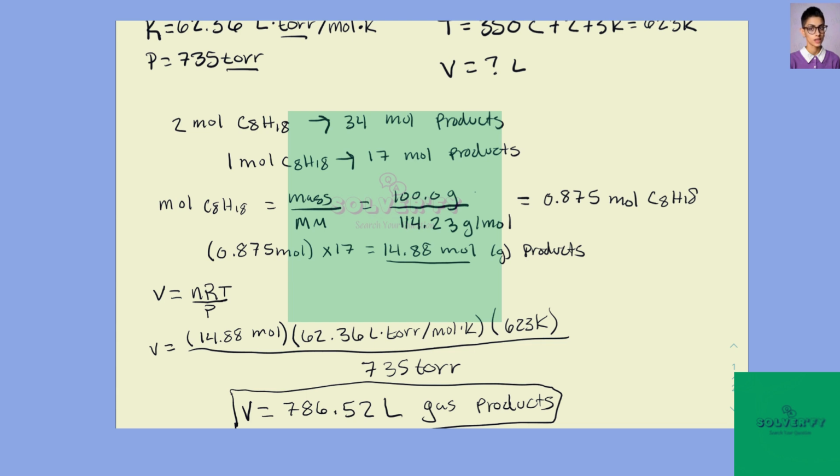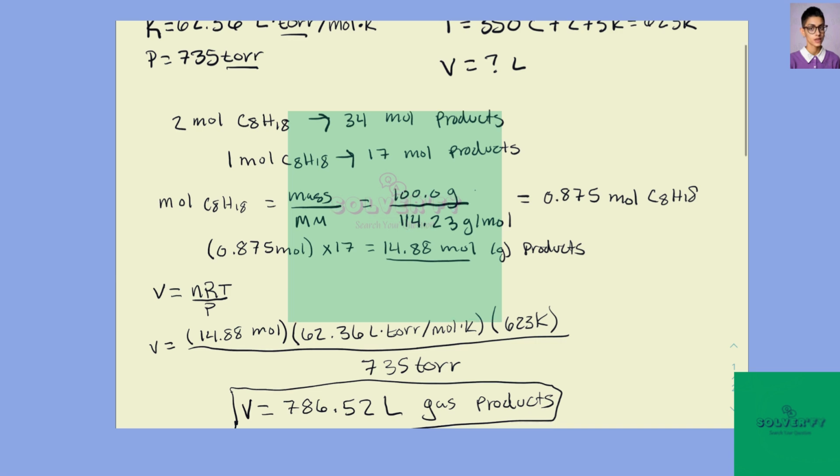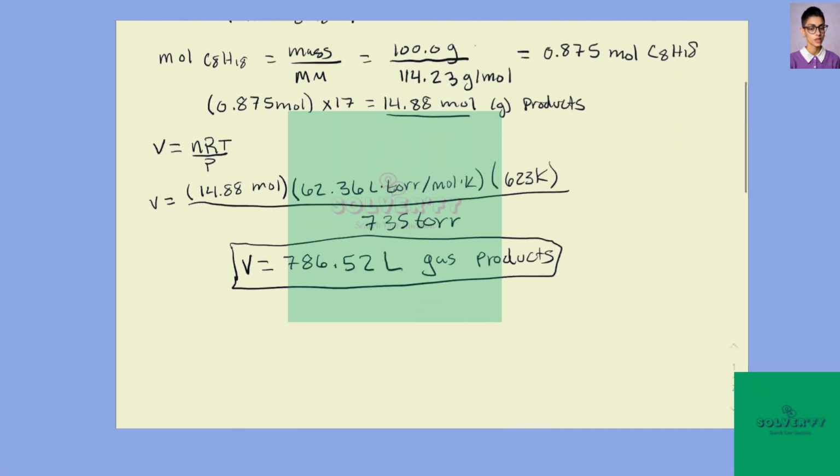Alright, so for part B of this question, it's asking what is the volume of exhaust after all of the O2 has reacted. But in this question, they're asking us to basically neglect nitrogen and argon in the air. So for part B, we're going to find how much O2 is necessary for the reaction to take place. So we're going to use our moles of octane, which is 0.875 moles.